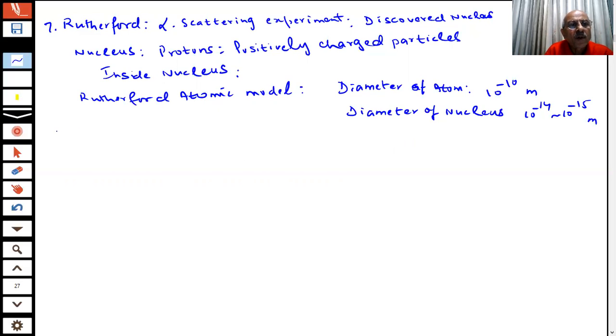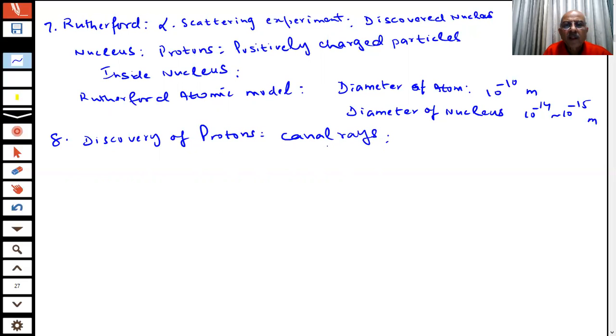And you know the discovery of protons, canal rays, positively charged rays, and they also found the mass of the proton. The mass of the proton, students, was obtained to be equal to 1.67 into 10 minus 27 kg. You see how small the number is.